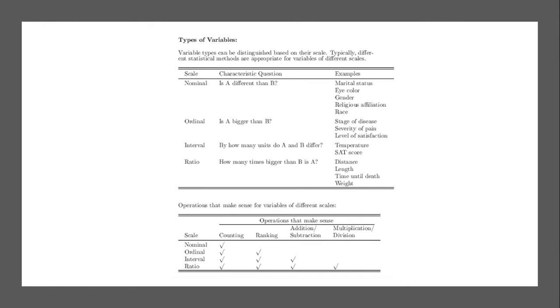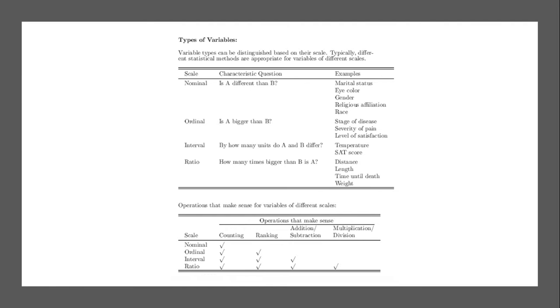So you can see here different statistical methods are appropriate for variables at different scales. With nominal, is A different than B? And there are some examples. Ordinal is A bigger than B? An interval would be how many units do A and B differ by, say with temperature, SAT scores.